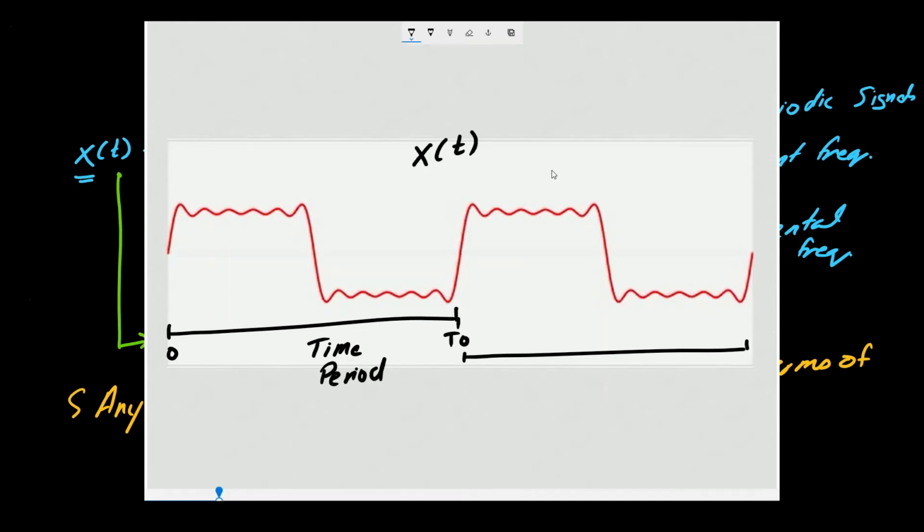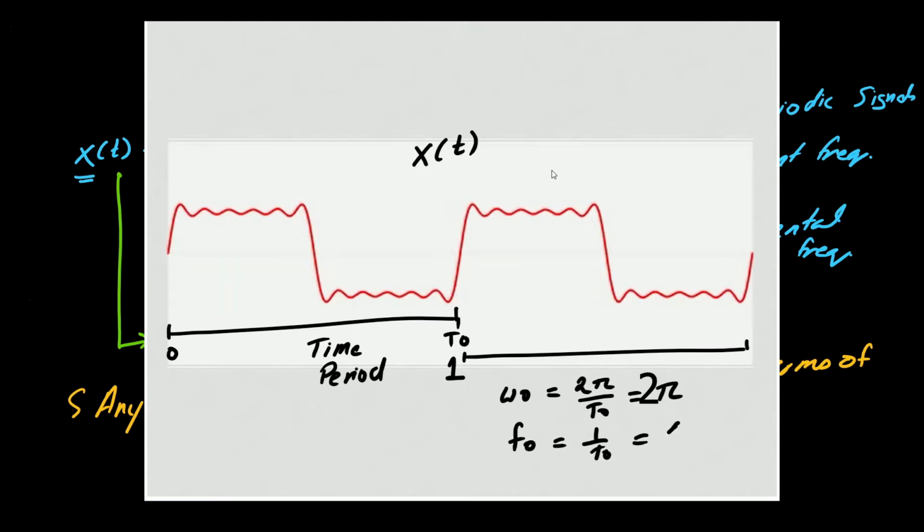So say this time period is having a value of 1. Fundamental angular frequency omega naught is simply 2 pi by t naught, or simply the f naught is 1 by t naught, and that is again 1. So these are the set of informations that we can extract out from this signal.